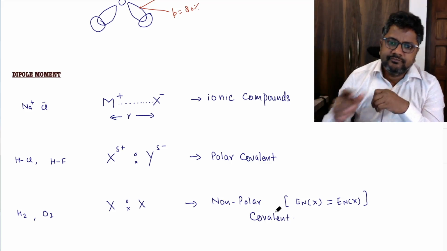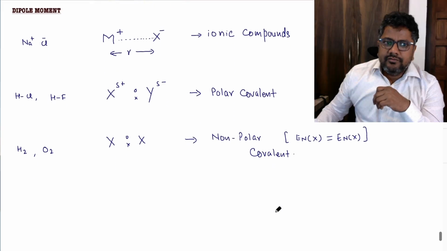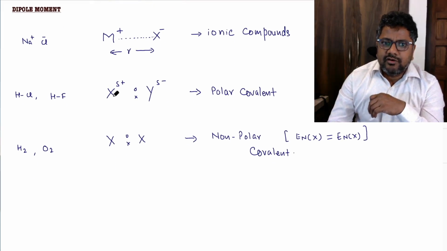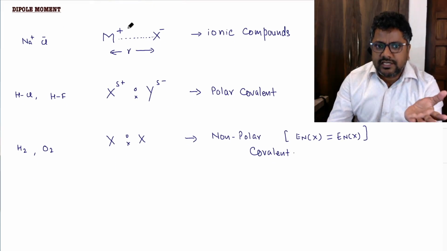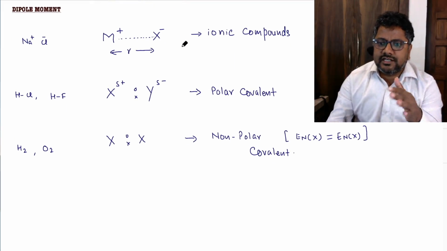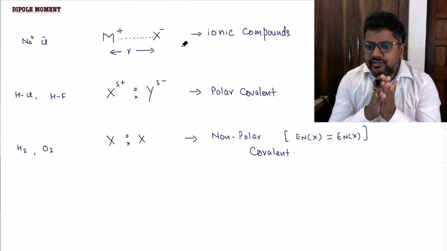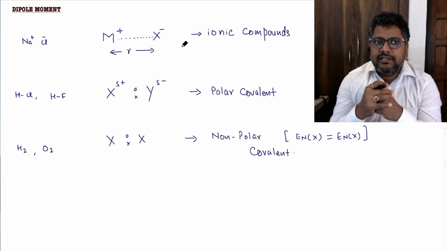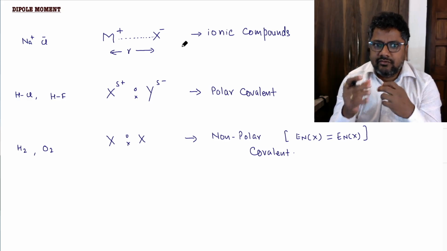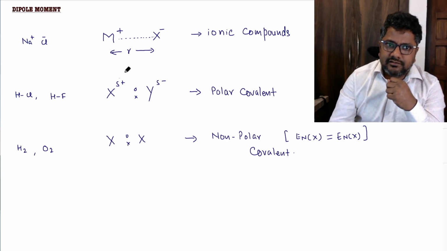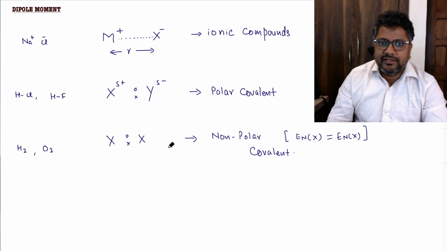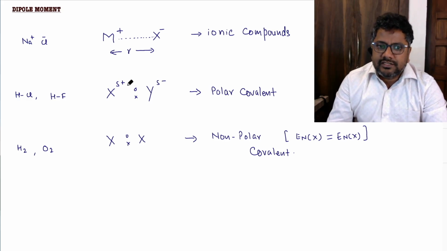If we consider the ionic or polar type of molecule, in which there are clear-cut dipoles, mathematically we can define one term that is known as dipole moment. There are two variables here: one is the charge on these two atoms, and the other is the distance.